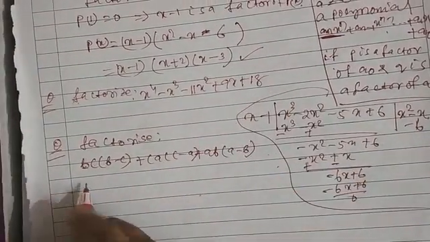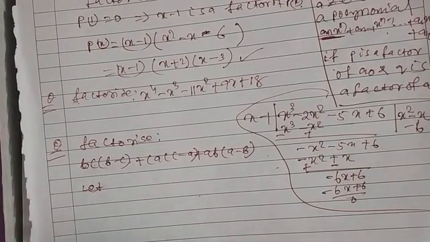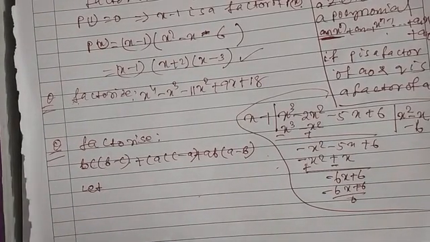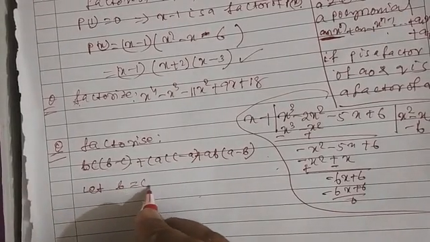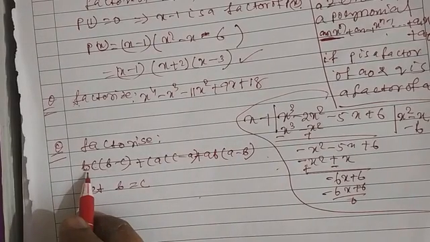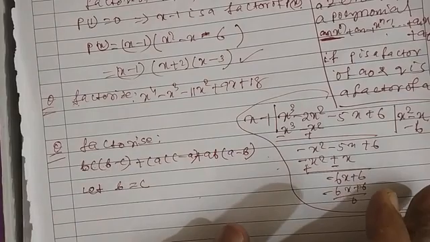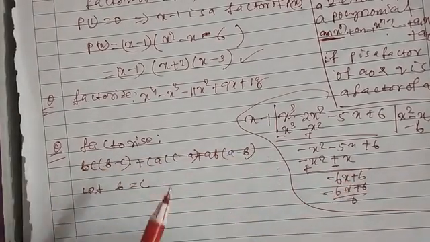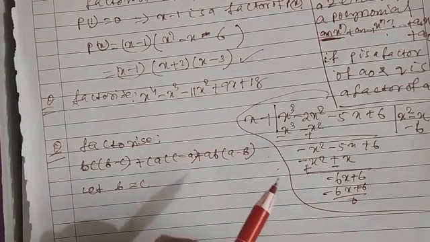Now let us put b equal to c. Replace b by c. Think it is a polynomial of b, where a and c are constants.